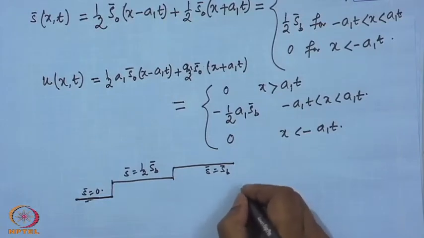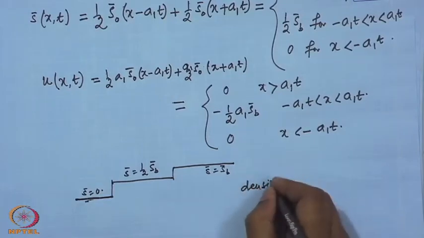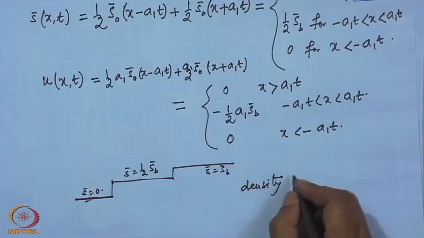The pressure distribution and velocity distribution are also similar.